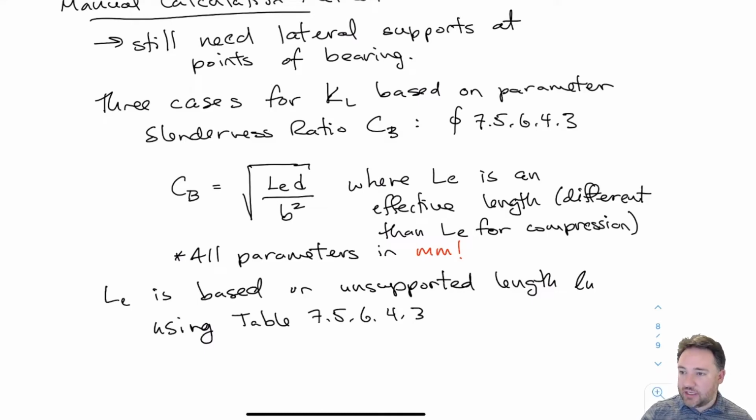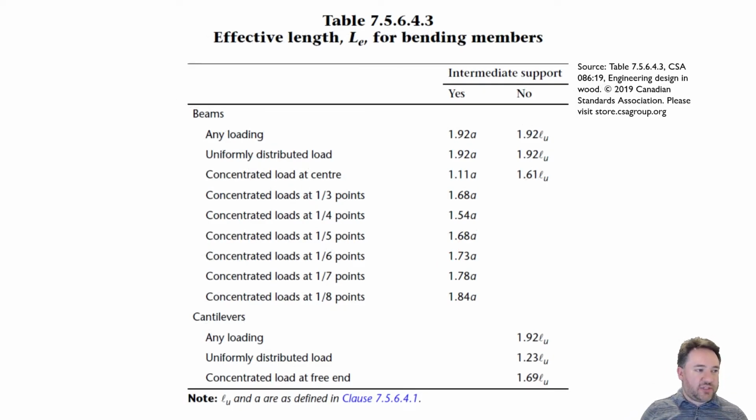We have in this bending criteria also an unsupported length that we have to consider. And this is the table 7.5.6.4.3, which is where we get our effective length. And you can see that it's always some number multiplied by either our unsupported length, LU, or a purlin spacing, A, which is a distance between kind of lateral support points on a beam.